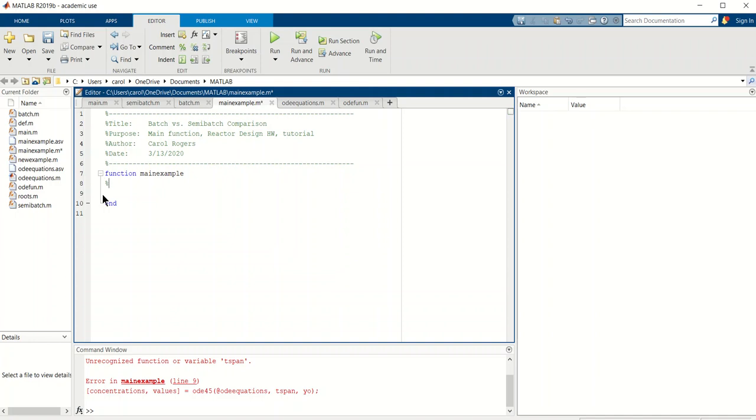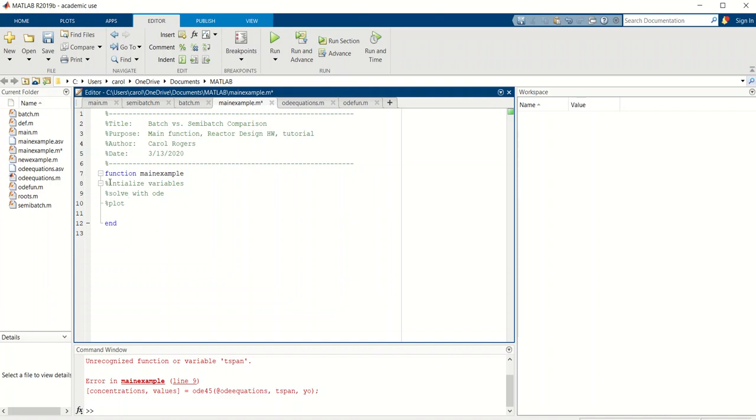So I know that in my main example function, the first thing I'm going to do is initialize my variables. Then I'm going to solve with ODE. Then I'm going to plot everything. So that's pretty much the only thing that I'm going to be doing with my main example.